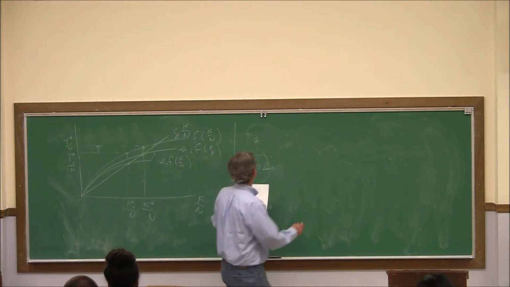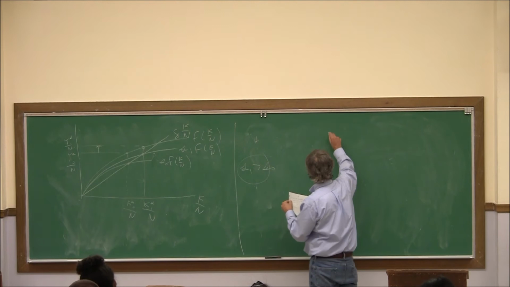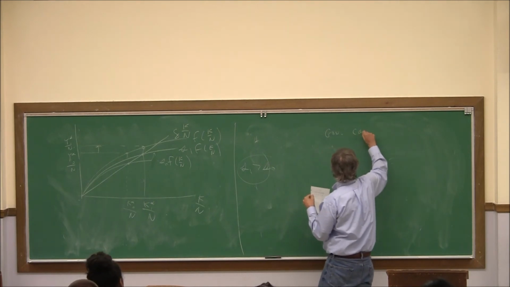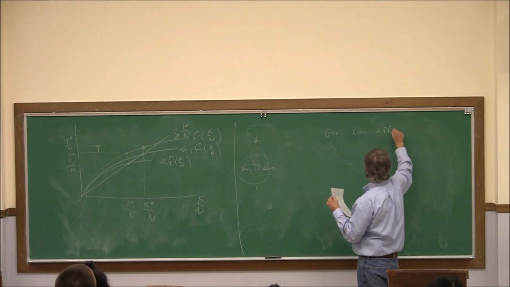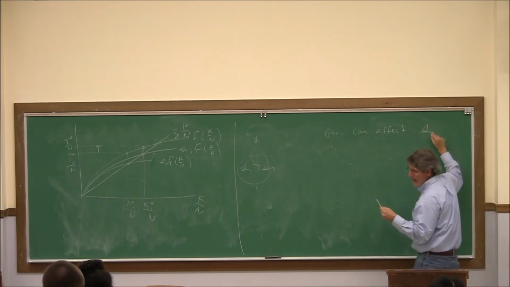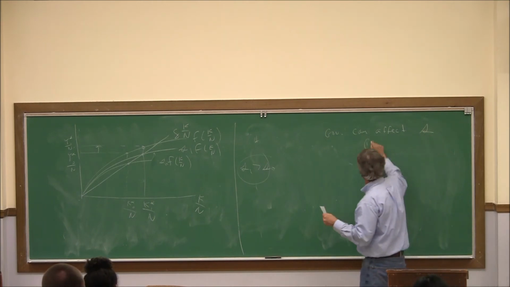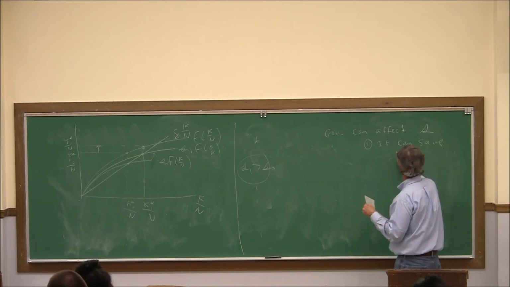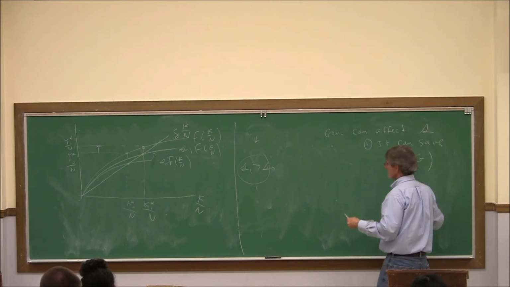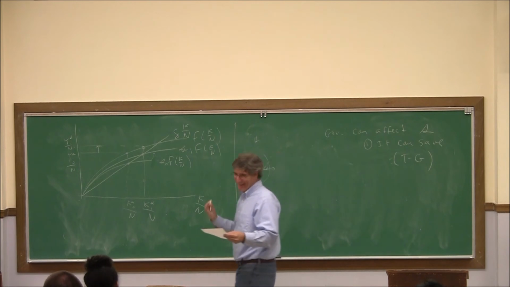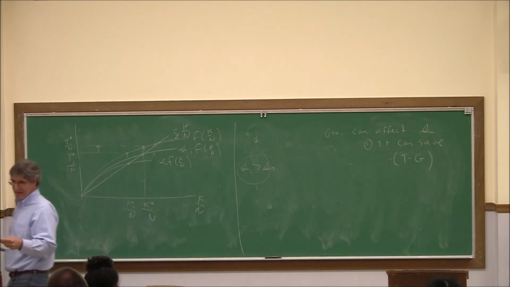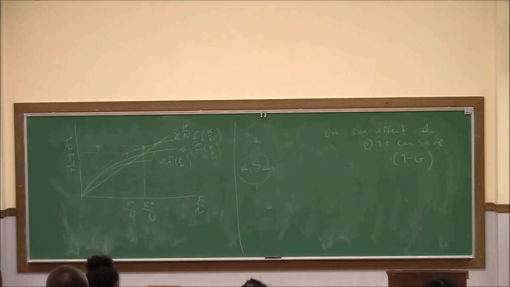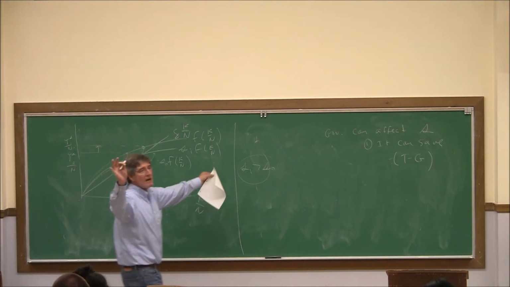Now the book says the government can affect the savings rate. It can save T minus G, or it can dissave and move you in the other direction. That's sort of forced savings. The amount the government takes in ends up in the banks and goes out into investment.